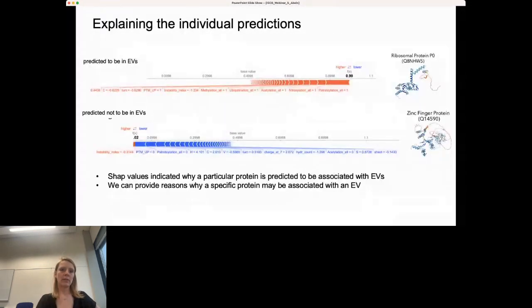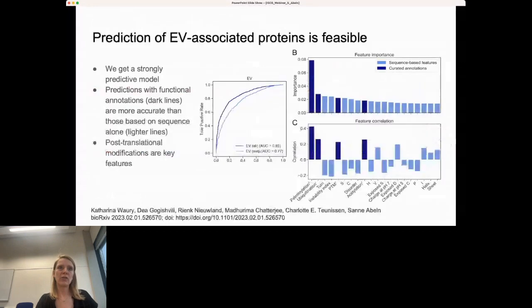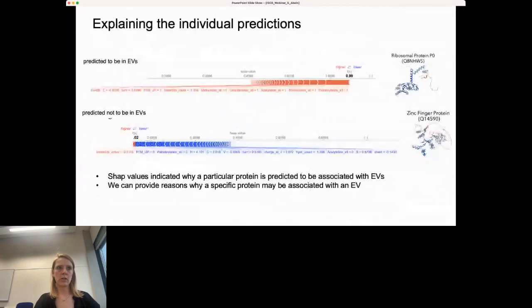Now we cannot only do that. So here we read out the features or the feature importance for the entire model. Now, when we're using SHAP values, we can actually go a level down as well. So you can also look per specific prediction, why a specific prediction has been made by the model.